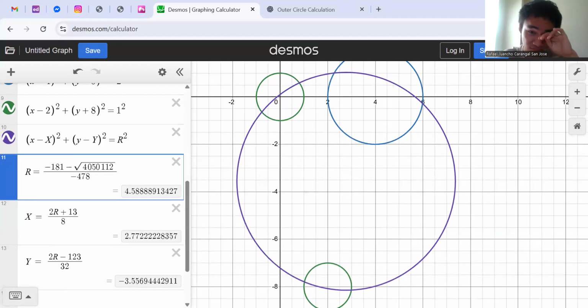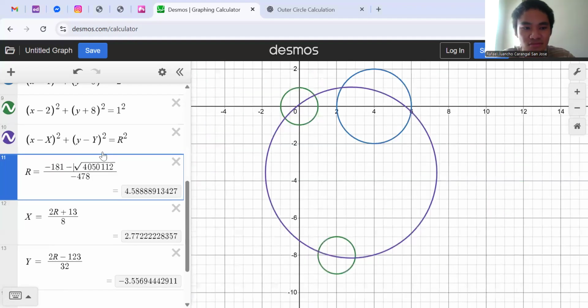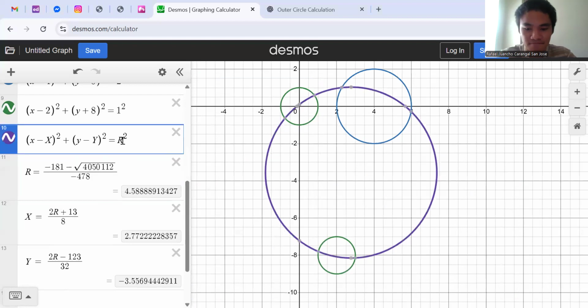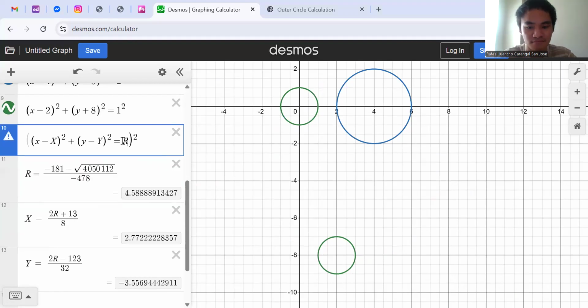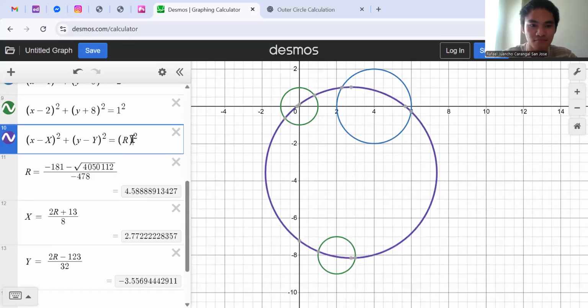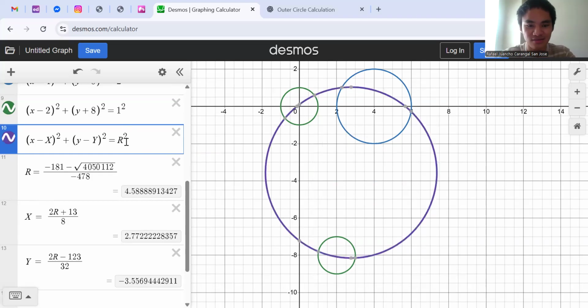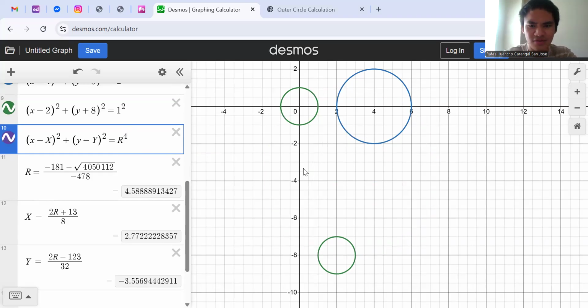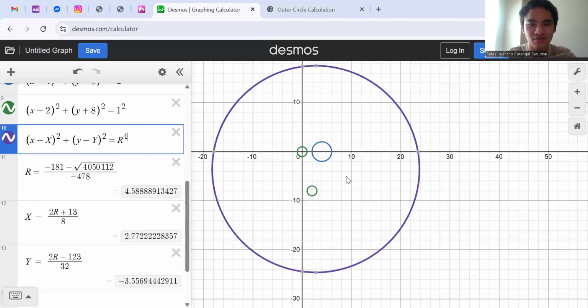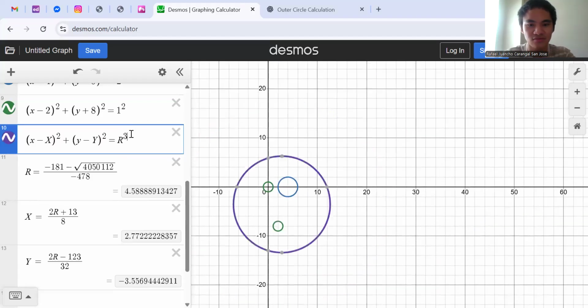I mean, we just like put this out maybe, and then r squared. Now it's gone. I think that's possible. Now it's too big. Yeah.